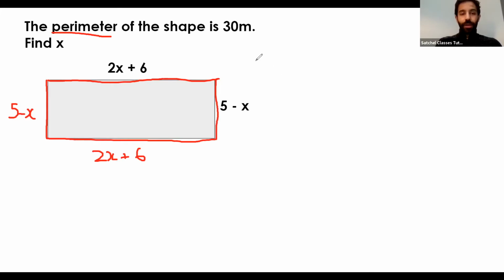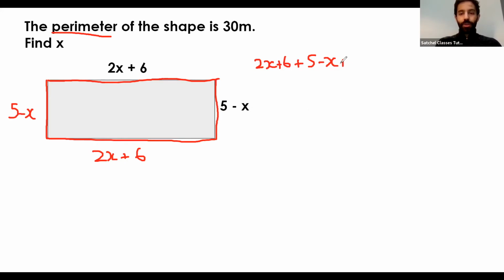So I can write 2x plus 6 plus 5 minus x. So 5 minus x is the expression for the height of our rectangle.